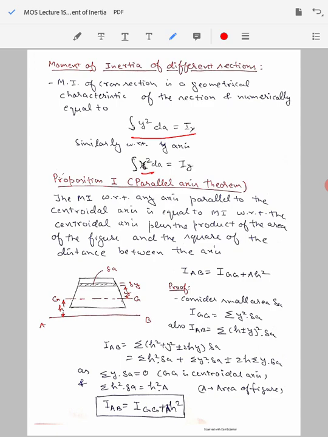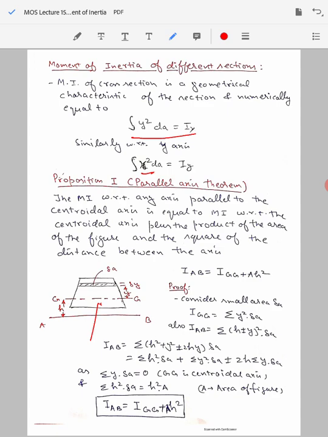In the figure, the red line GG is the centroidal axis of this trapezoidal figure, and you want to determine the moment of inertia about an axis AB. This axis may or may not pass through the section itself. Here, the AB axis is outside the figure, and we want to determine the moment of inertia of this section about this axis AB.